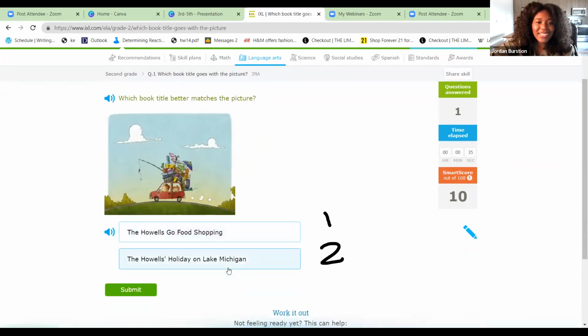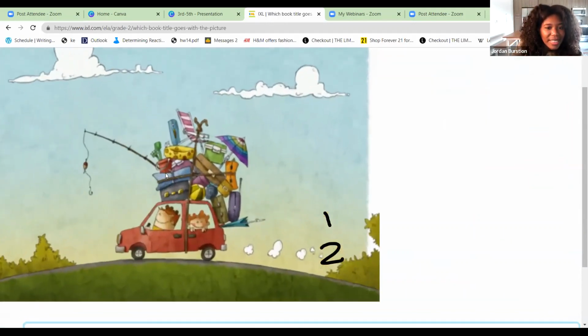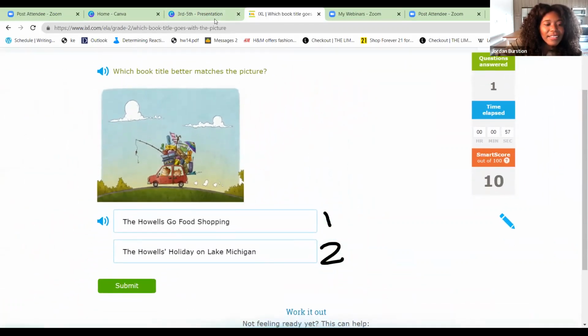This is still too easy for you, and this is for older students. Okay, how about this one? And I'll zoom into the picture a little bit. So it looks like they packed up a bunch of stuff. Okay. All right. Yes, it looks. So what do you want me to click? The first one or the second one? How would you title your book if you drew this as the cover?